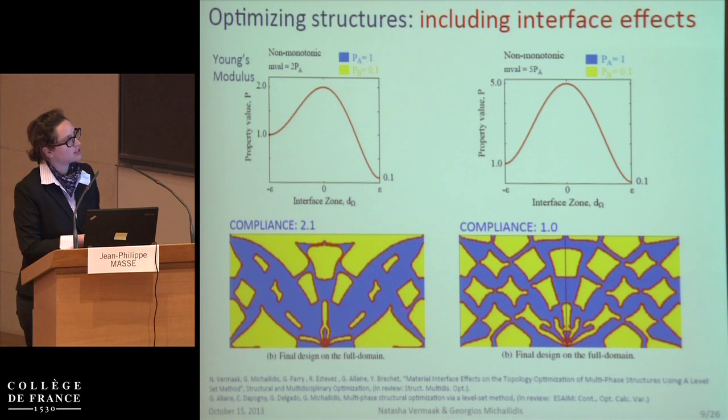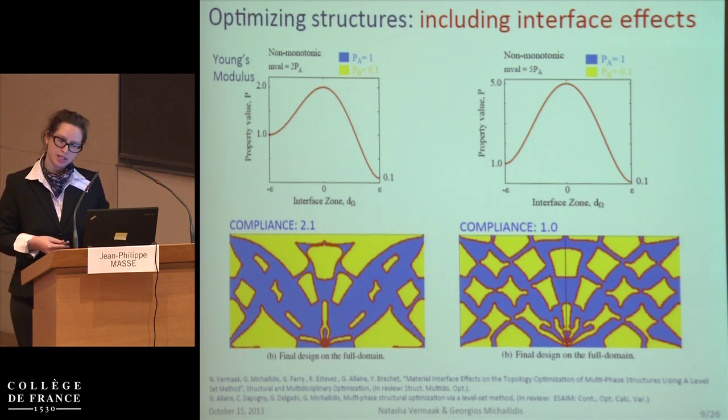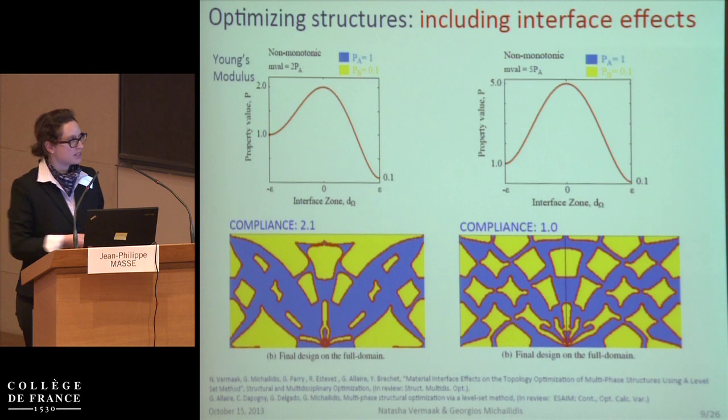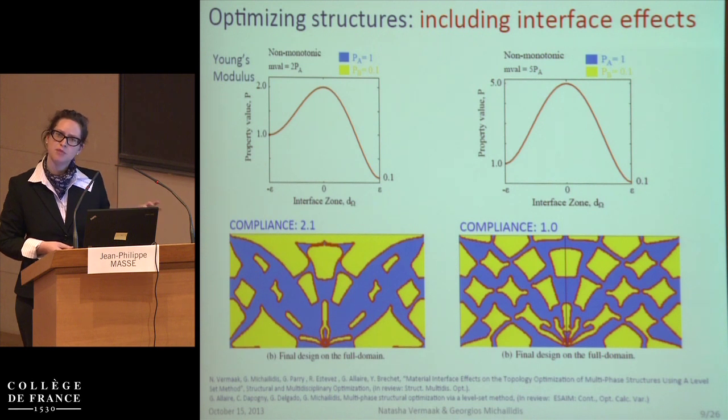So again, we've pushed this trend just to see what happens, and you see the influence of the interface. It has allowed us to go from a non-dimensional compliance of 3 in the normal standard case to a 1. So there's significant benefits here in just this very simple example.